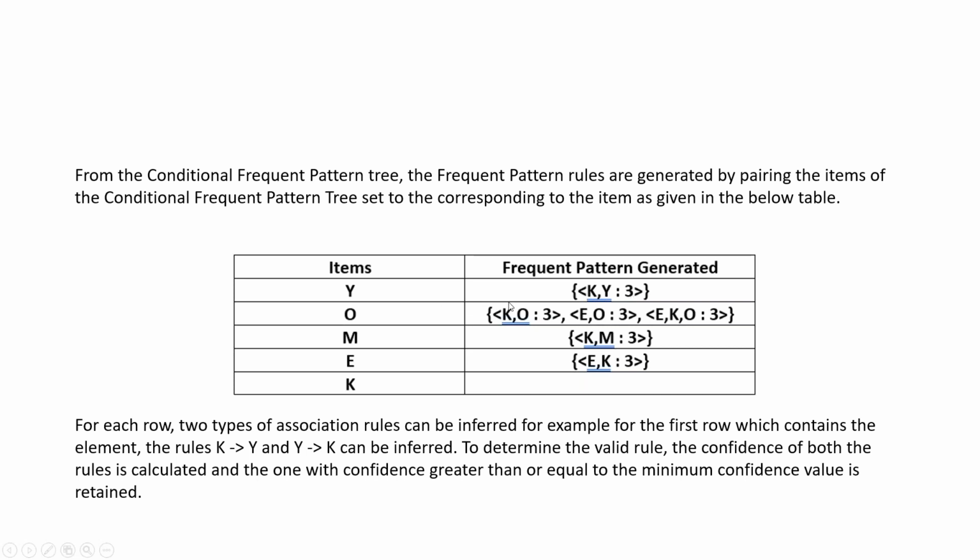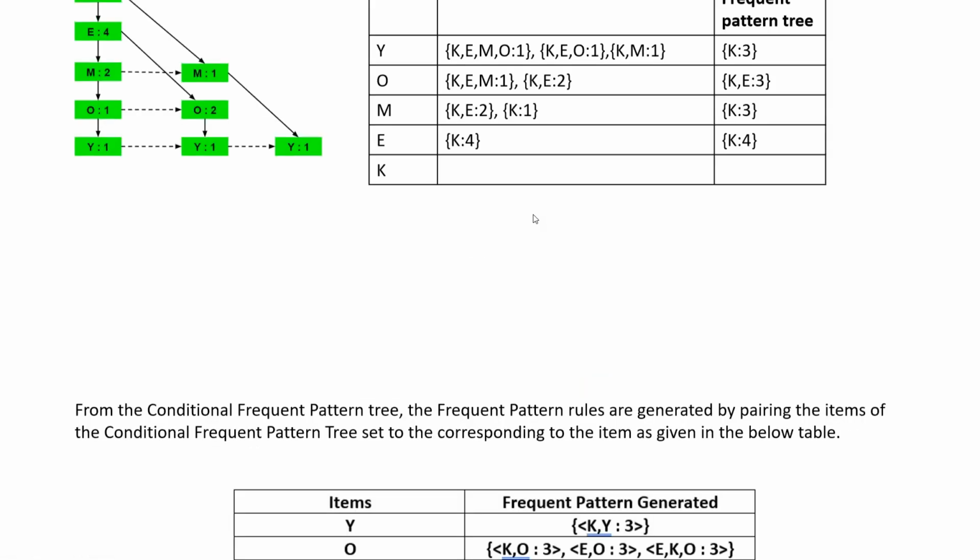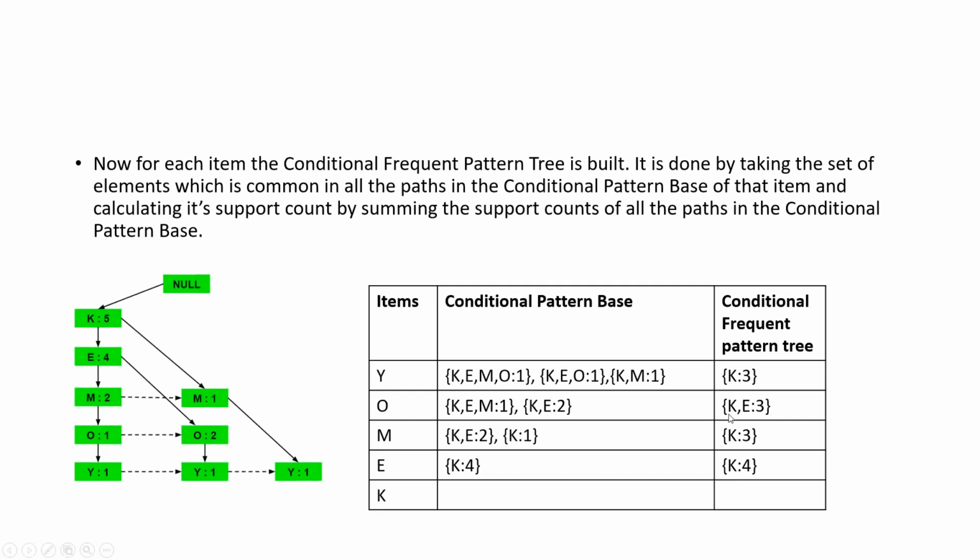So for Y the frequent pattern will be K comma Y with 3. And for O the frequent pattern was selected as KE with count 3. Just look at the previous slide, it was selected for O as KE with count 3.